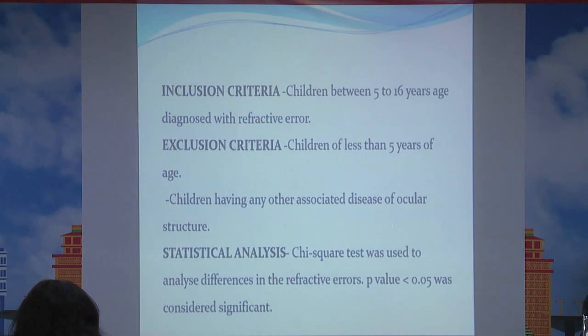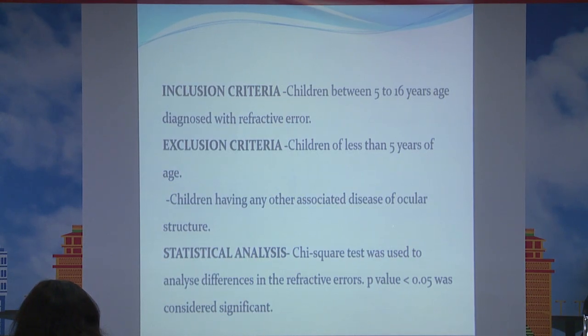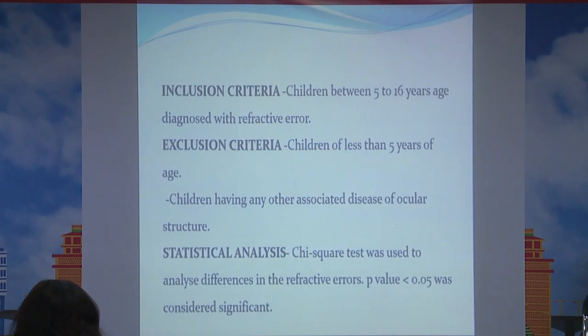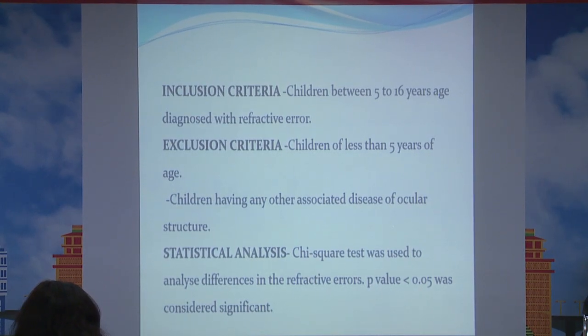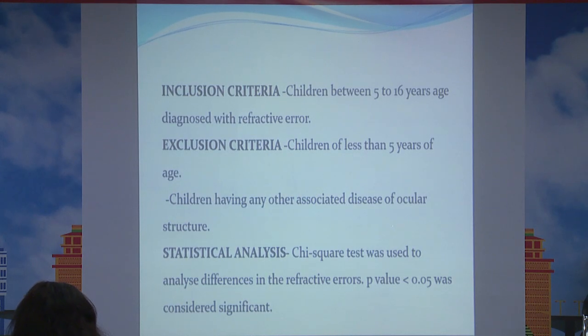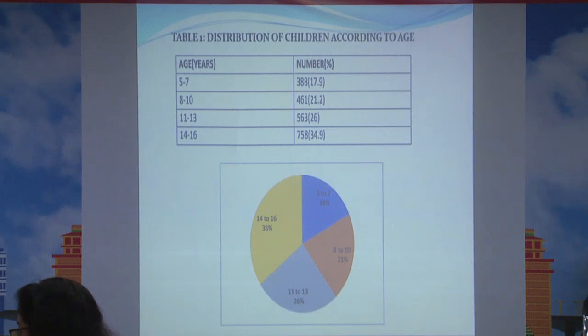The inclusion criteria is children between 5 to 16 years of age diagnosed with refractive errors. Exclusion criteria is children of less than 5 years of age and children having any other associated disease of ocular structures. The chi-square test was used to analyze differences in the refractive errors. This table shows the distribution of children according to age.